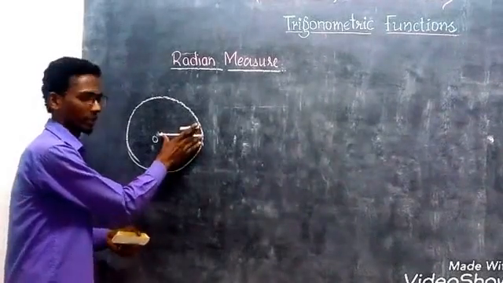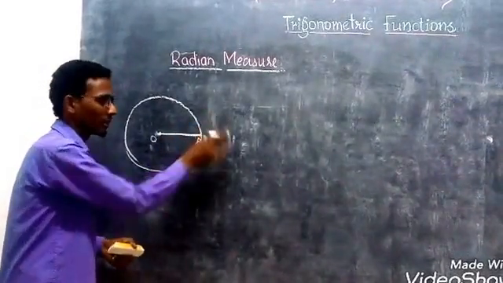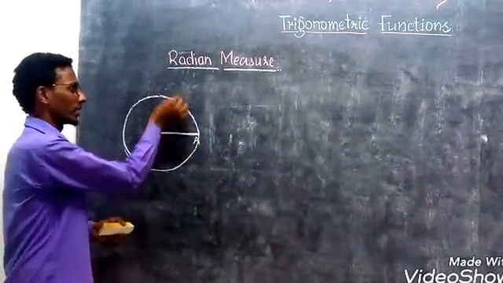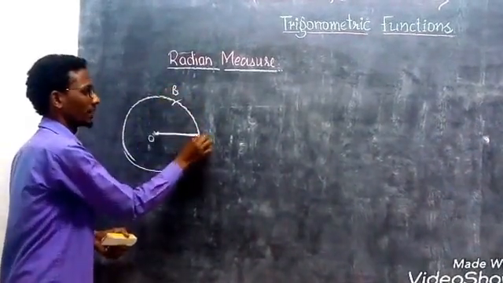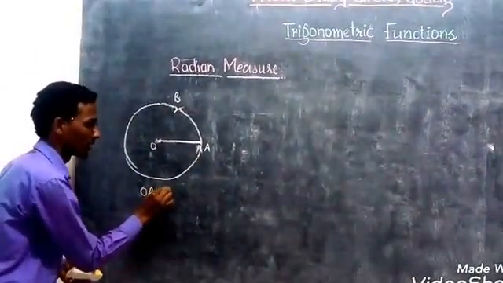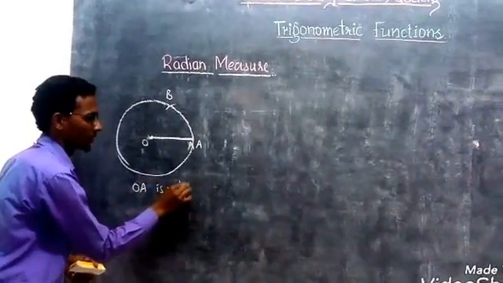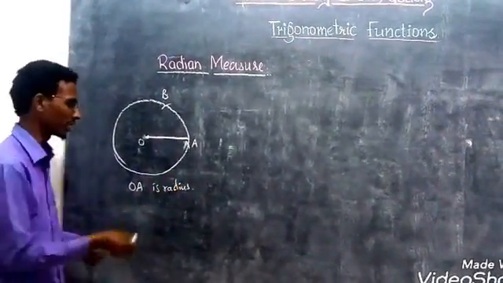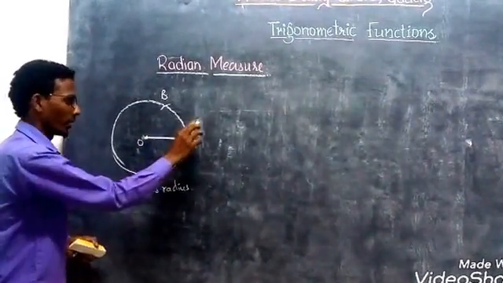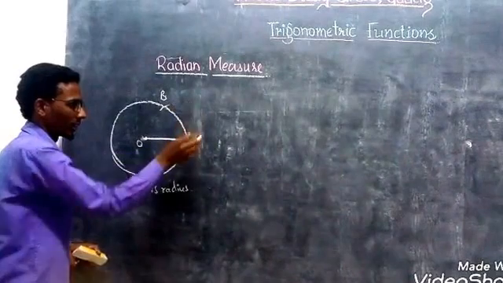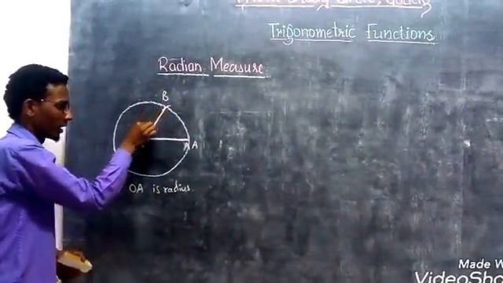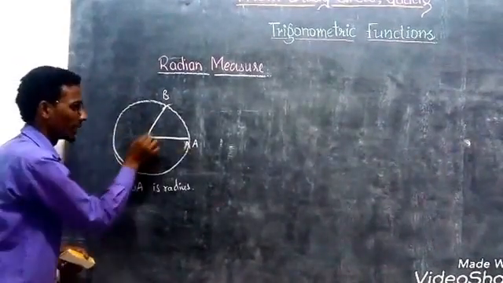So if I draw a circle with one unit radius, and with the same radius I cut the circumference at some point B. Let OA be the radius, one unit we shall take, and with the same radius OA, I place my compass on A and cut at B. Now I join OAB.